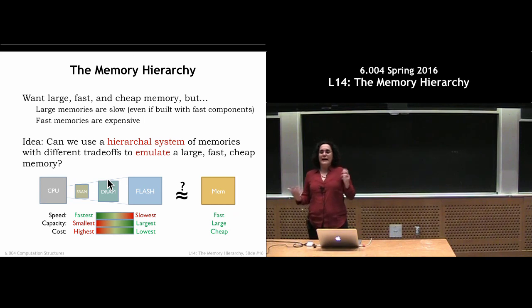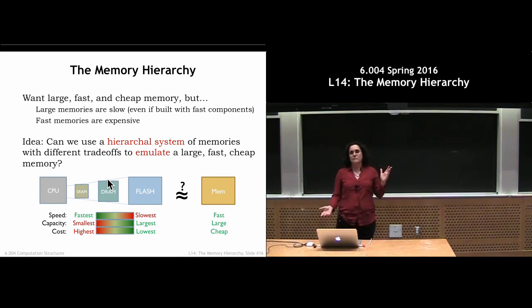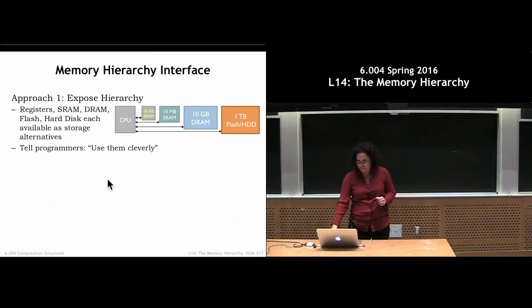So that on average, your average access time is actually much closer to the fast memories than it is to the slow ones. So the real question is, can we actually do that? How do you figure out which pieces of data or code need to live in which piece of memory?